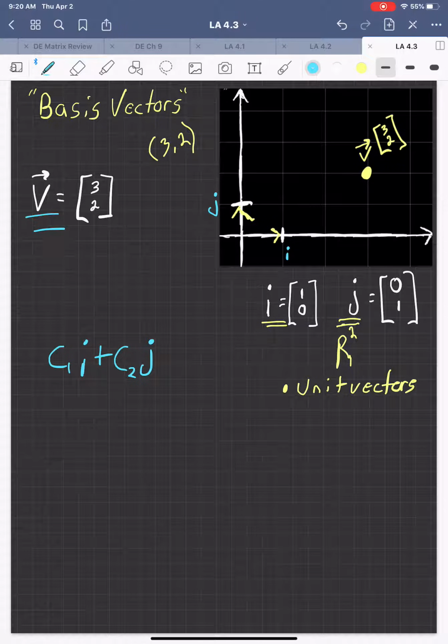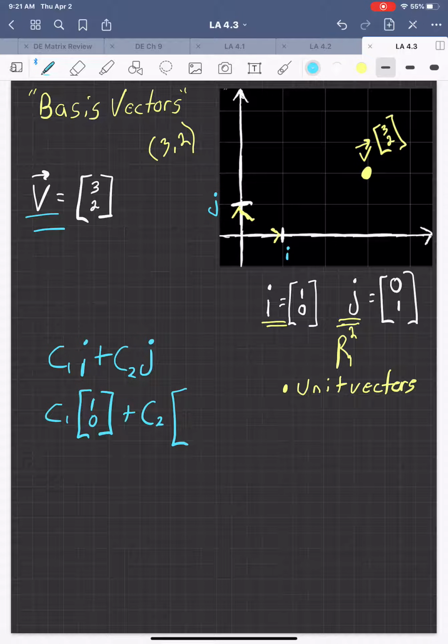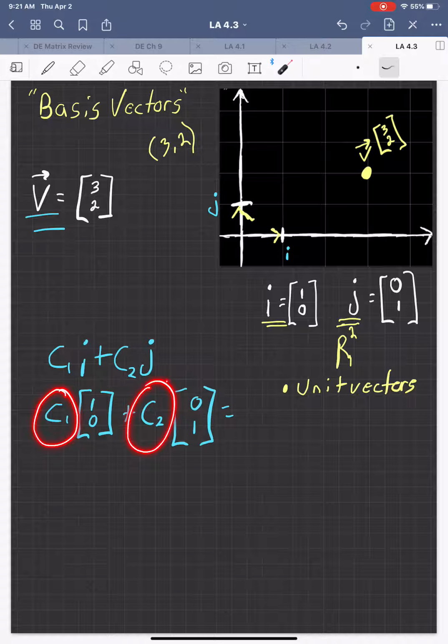So let's make sure you understand. Remember, it's c sub 1 times the I vector, which is 1, 0, plus c sub 2 times the j vector, which is 0, 1. It doesn't take very long to figure out that the scalars you should choose are in fact the x and y values of the point, right?